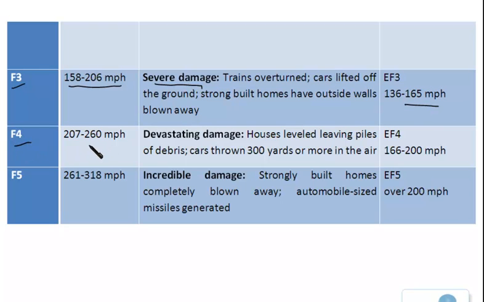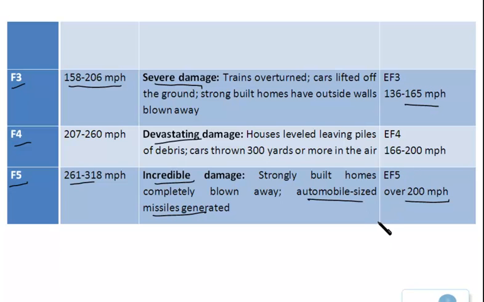Then comes the F4, which has more miles per hour, and F5 with the highest, 261 to 318, which is followed by devastating damage, considered incredible damage, where strongly built homes completely blow away and automobile-sized missiles are generated, and EF5 is over 200 miles per hour.